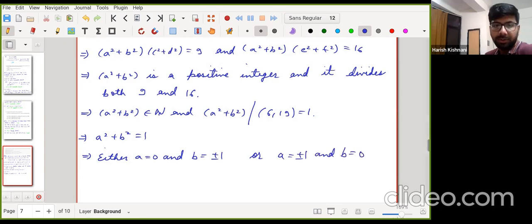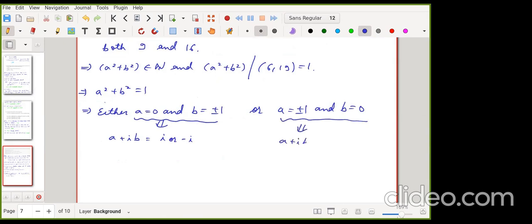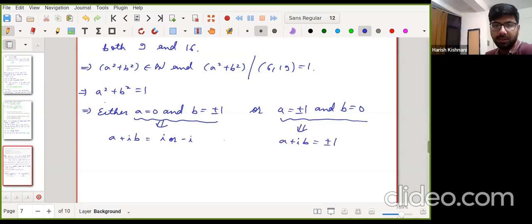Now, if a is equal to 0 and b is equal to plus minus 1, this implies a plus iota b is iota or minus iota, and otherwise a plus iota b is plus minus 1. So this implies a plus iota b is a unit.